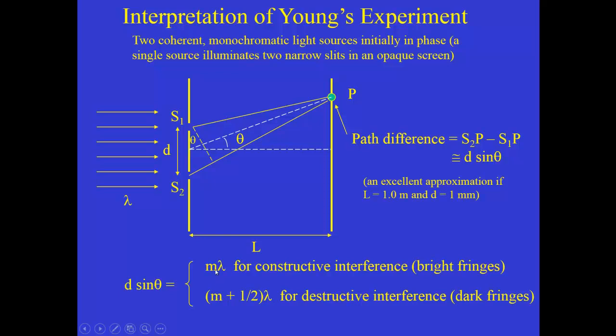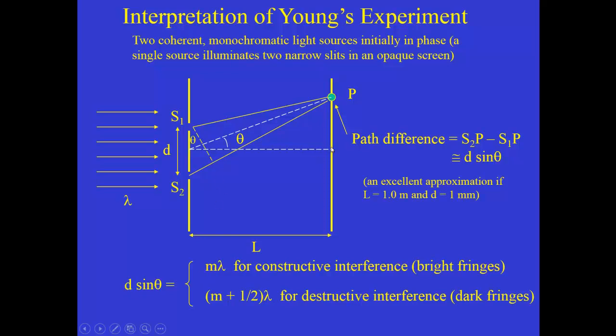The lowest value of the integer could be 0, right? If m is equal to 0, then d sine theta is just equal to 0, which would mean the path difference is 0.